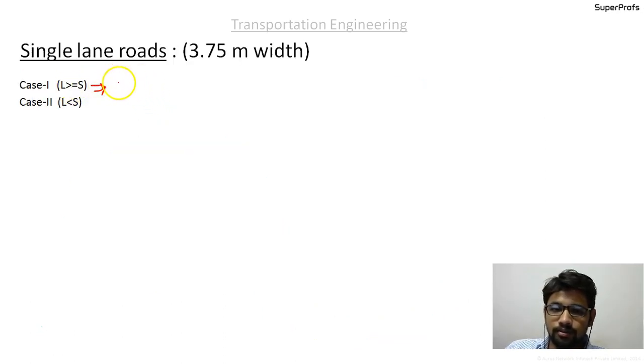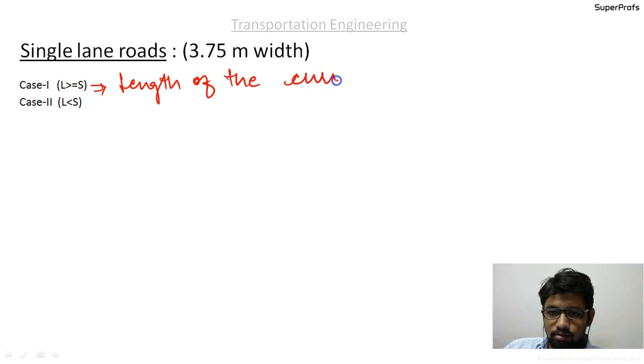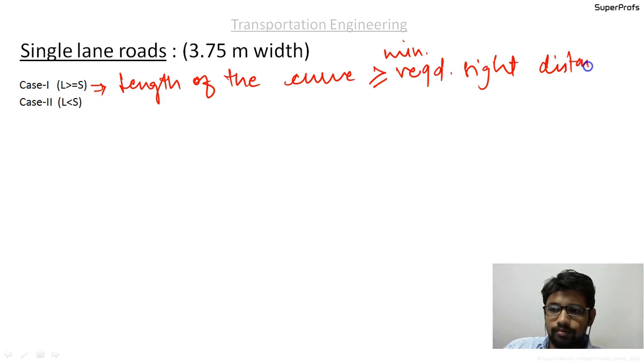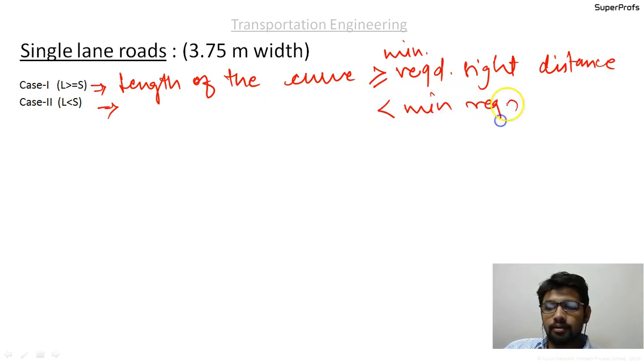Case 1 is length of the curve is greater than or equal to minimum required sight distance, and case 2 is that length of the curve is less than minimum required sight distance.